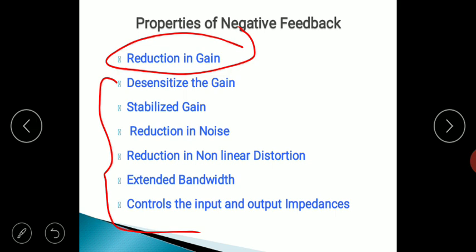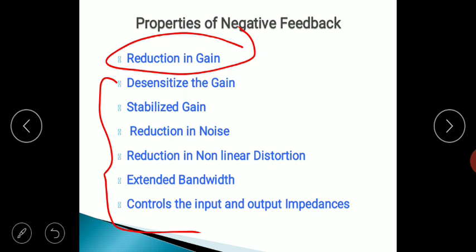With this we'll stop for today's class. To quickly summarize what we have discussed in this lecture: we started our discussion with what feedback is and what the types of feedback are.